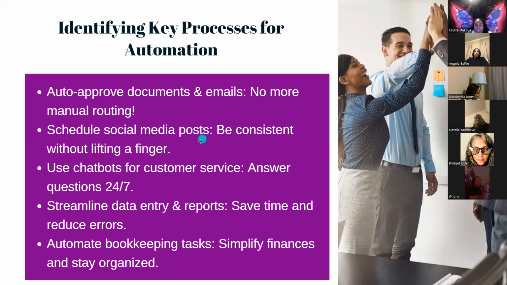So with identifying key processes for automation, auto approve documents and emails. You shouldn't be doing that manually anymore. You shouldn't have to manually go in and type every email and manually type in everybody's name or copy everybody's email and put it in a blind copy. Because when you do that, if you put a link in there, it automatically will send it to spam because it's like you're spamming people.